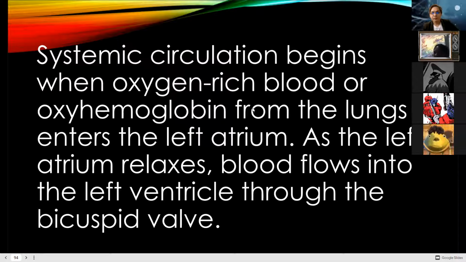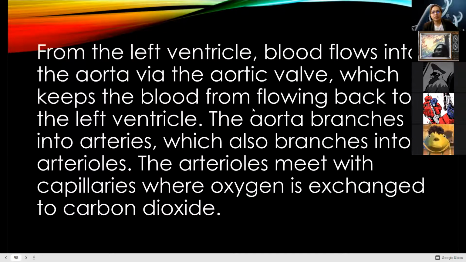As the left atrium relaxes, blood flows into the left ventricle through a valve. It is called the bicuspid valve or the mitral valve. From the left ventricle, blood flows into the aorta.